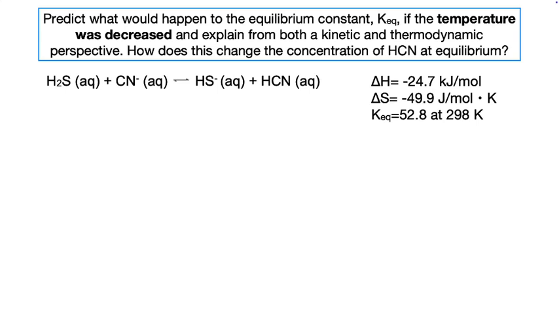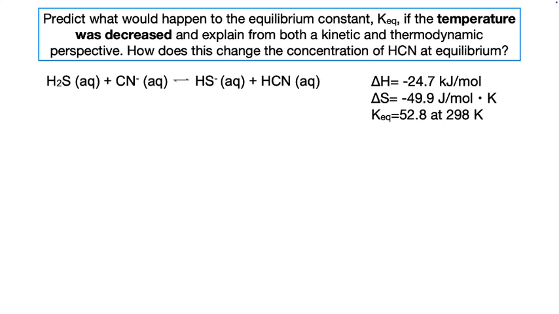How does this change the concentration of HCN at equilibrium? All right. Well, what was HCN? It was a product. Right? If I'm going this direction, if I have a small K, what does that mean about my product concentration at high temperature?